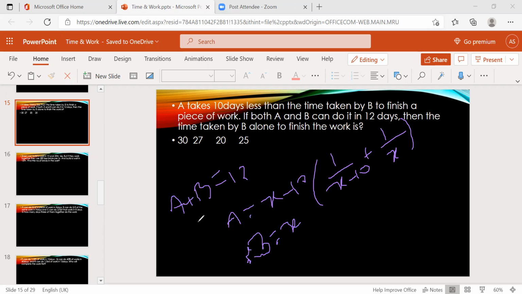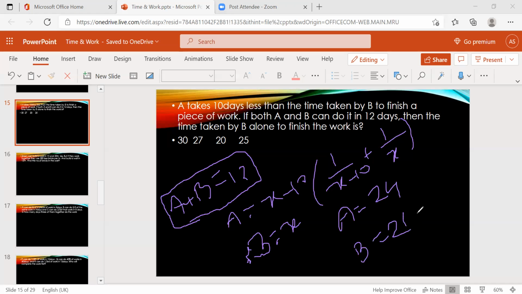How? See, if A plus B 12 days they said, right? So just assume one chance for A will be 24 days and B will also be 24 days. Then if you are adding the two, A plus B is nothing but 12 days, right? But generally, it's not sure, but it is one chance, then just compare here what they said.